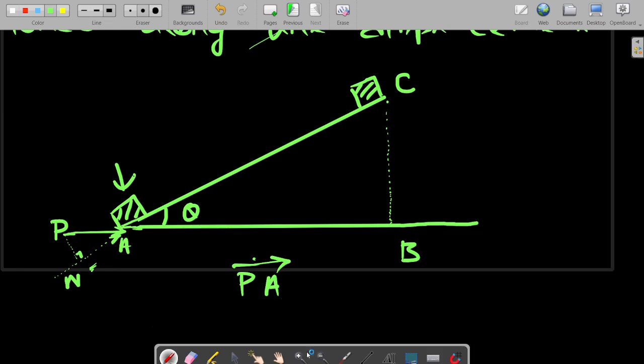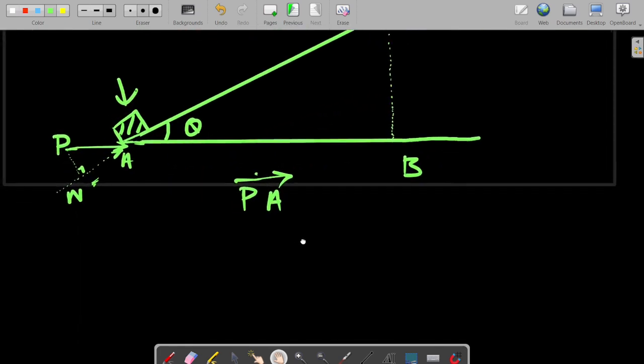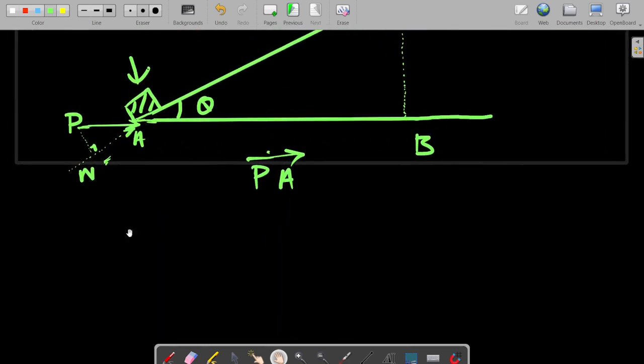So here we will apply basic mathematics to derive the expression for work.